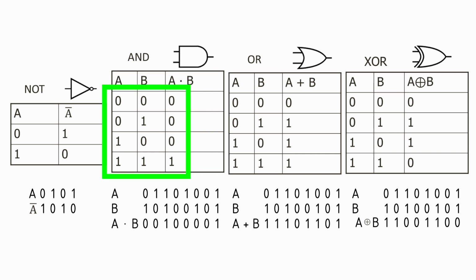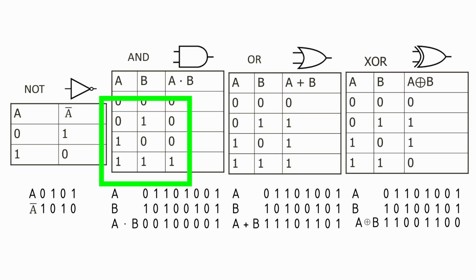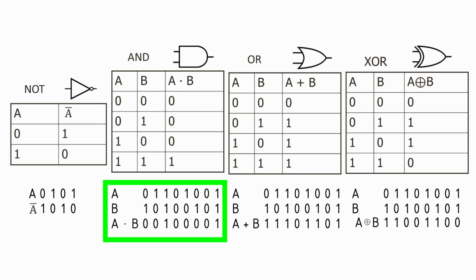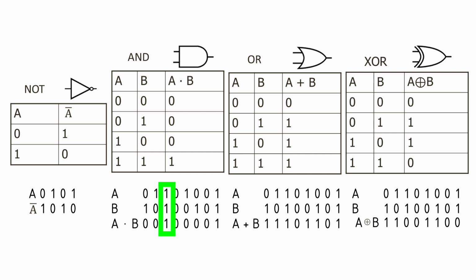For the AND function, we see that the output is always 0, except when both inputs are 1. Down here with the longer example, you can see that these are only 1 when both inputs are 1.